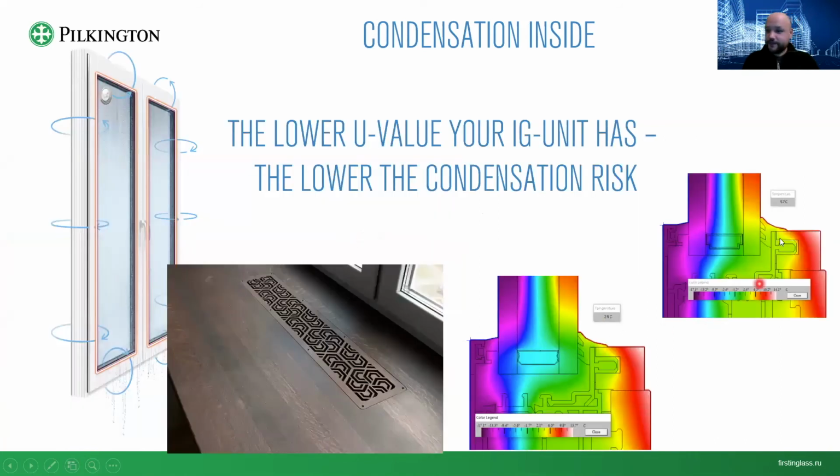As you can see, I've made several calculations for how the ordinary window performs. On this picture, you are seeing the edge zone with an ordinary aluminum spacer, and here you can see a calculation result for a warm edge spacer.